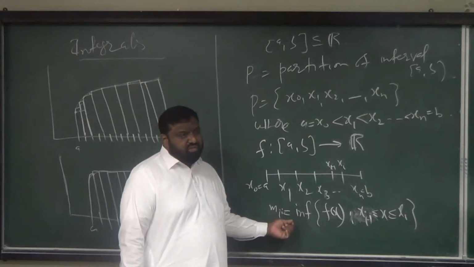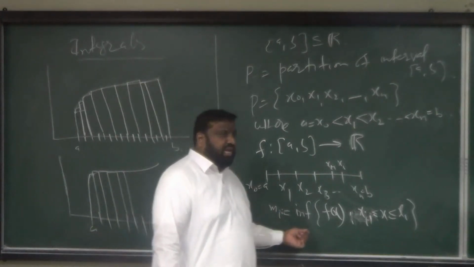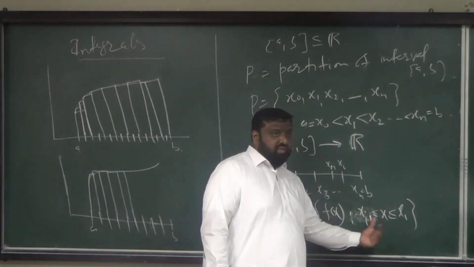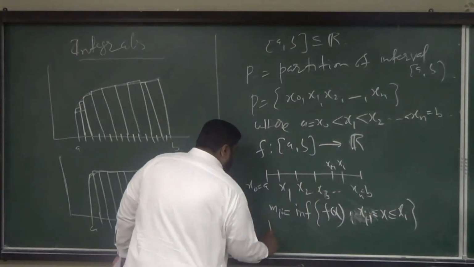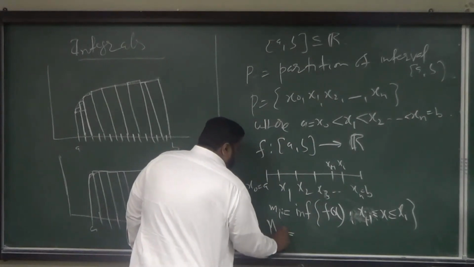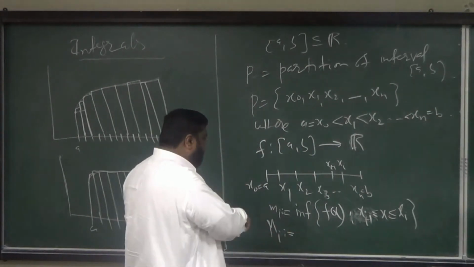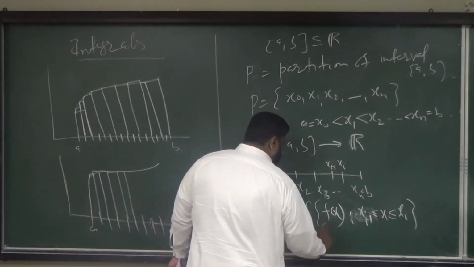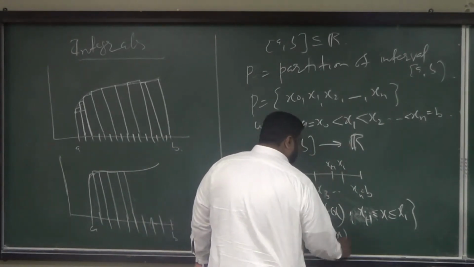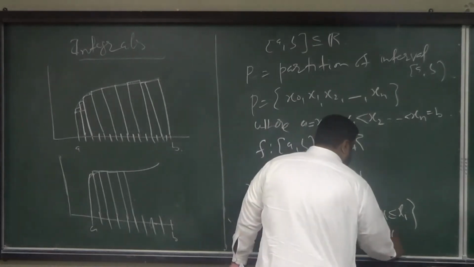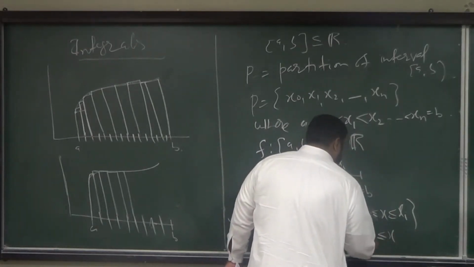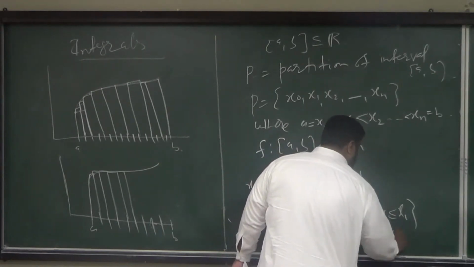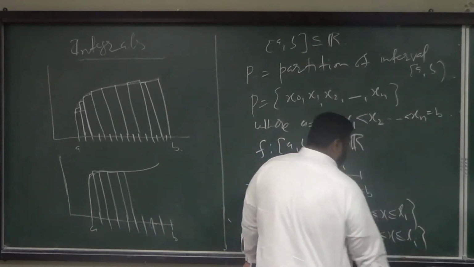It's like, what is the smallest value that f can achieve in this whole interval? And by capital Mi, I mean the supremum of f of x such that x is in this interval x(i-1) to xi.